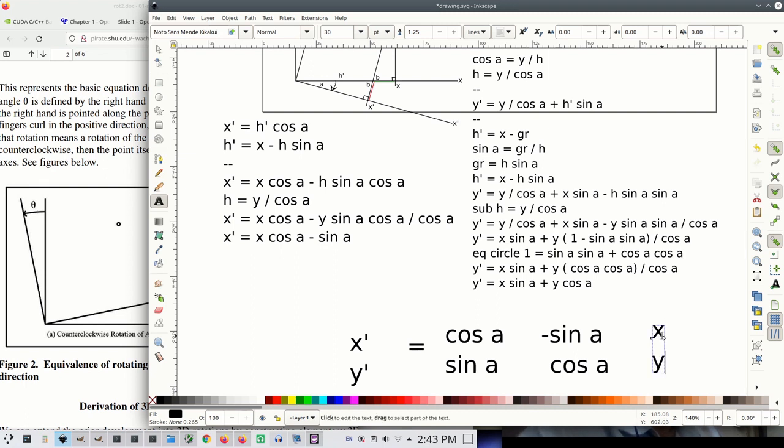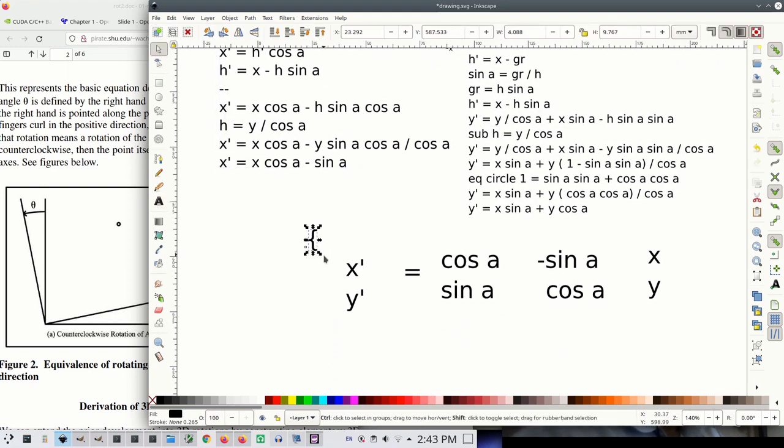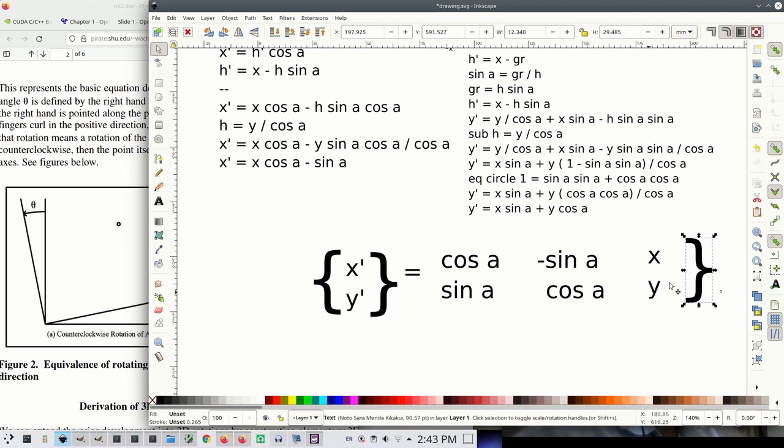It equals x prime, y prime. I'll put in some curly braces for marking column vectors. In a lot of textbooks they use this for a column vector. And I'll put in a square bracket for the 2 by 2 matrix.